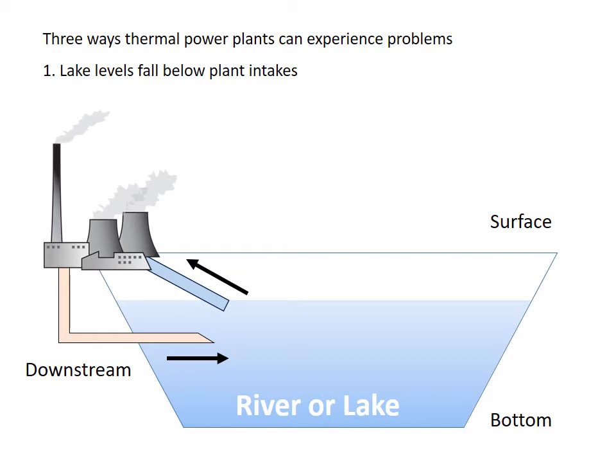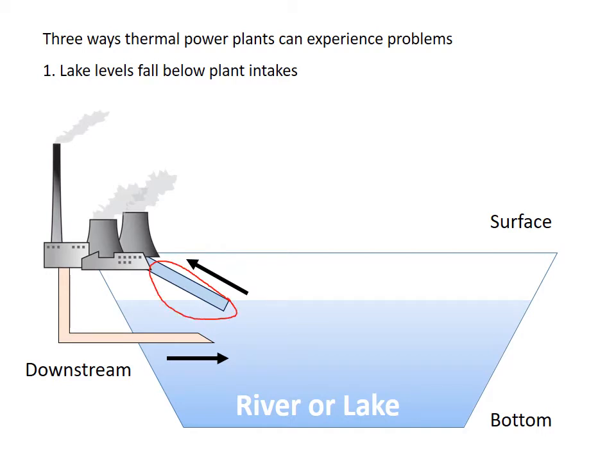There are a couple ways that thermal power plants can experience problems related to cooling water issues. And the first is if lake levels or river levels fall below the minimum depth of the plant intake. So power plants have these big straws that they use to pull in water for their cooling systems.